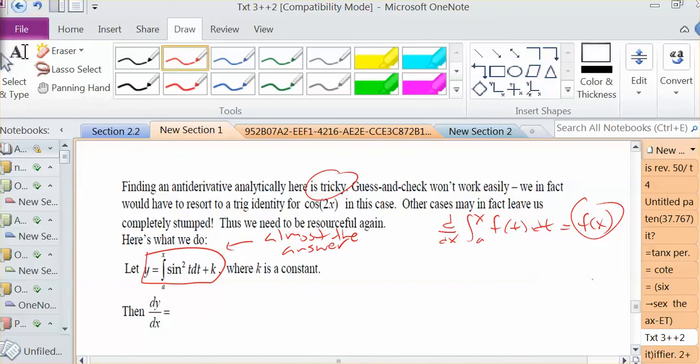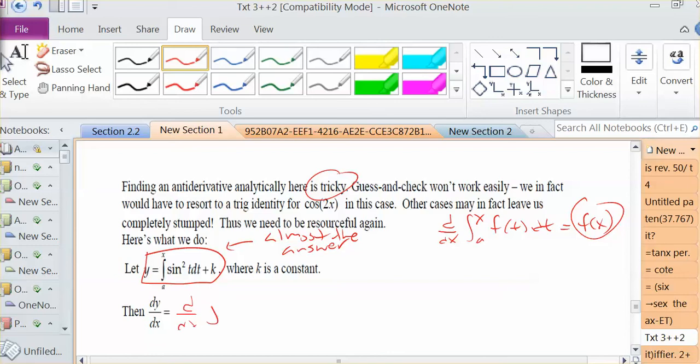So really, we could just think here for a sec that if y equals some integral that we see right there, then the derivative of that integral will actually get us what we're looking for.